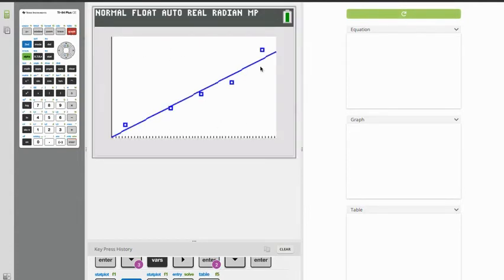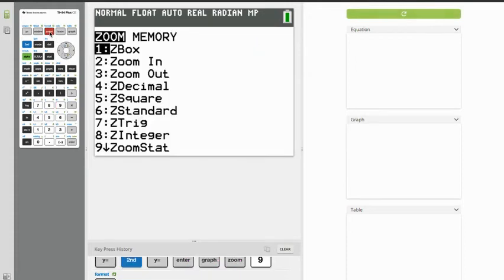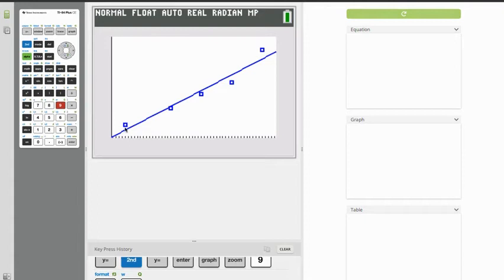If it doesn't show up in your screen, make sure to do zoom 9, which is zoom stat. It'll make the line with the points right nice on your screen for you. So as you can see, the points pretty much form a line. That's why our correlation is strong.